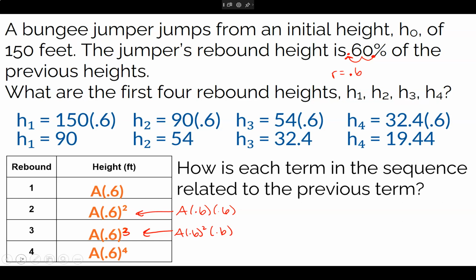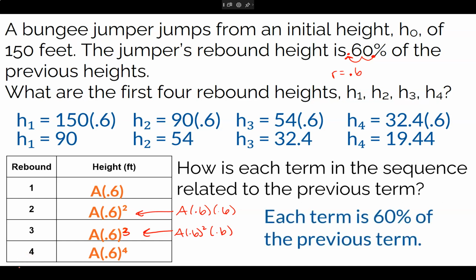So how is each of these terms related to the one right before it? How are 90, 54, 32.4, 19.44 related to each other? Each term is 60% of the previous term. So multiplying by 0.6 means I'm only taking 60% of my previous answer along.